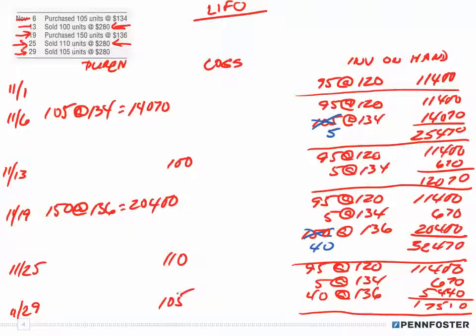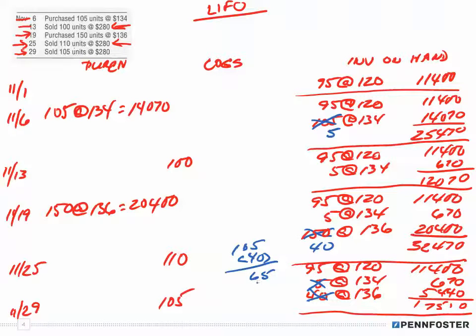Right? So now we open up the refrigerator door and we have to take out 105. So which ones are we going to take out? The last one's in or the first one's out? So we're going to get rid of 40. So 105 less 40 means we still have to get rid of 65. Well, then what's in the next group?